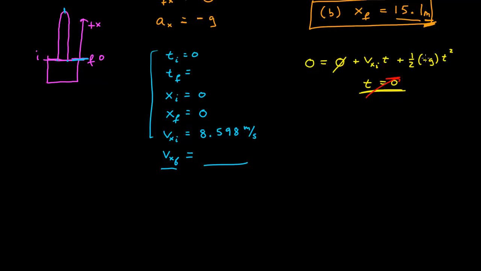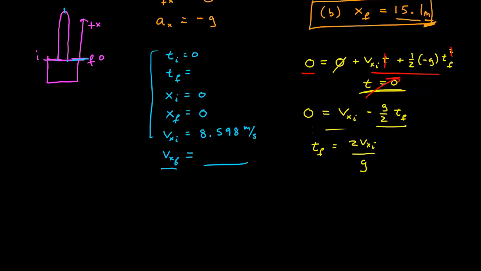Okay, but I can do some algebra here. Since this is equal to 0, and I have factors of t in both expressions, I can divide both sides by t, and I can get rid of a factor. So now I have 0 is equal to v x sub i minus g over 2 t. So now I can solve for t sub f, this is my final time. So my final time is equal to 2 times my initial velocity over g.